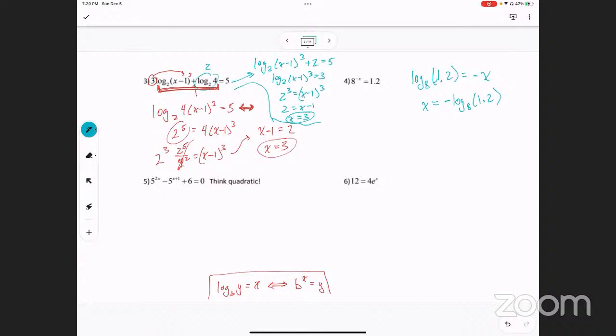Okay, so that's probably the right answer because 1.2 is not a power of 2, right? I was wondering if, in the past, we've had problems where you could just convert that 8 to 2 to the power of 3.